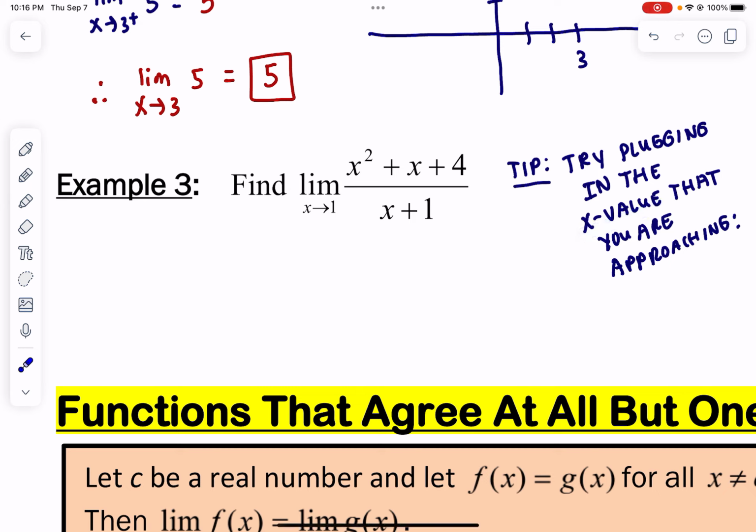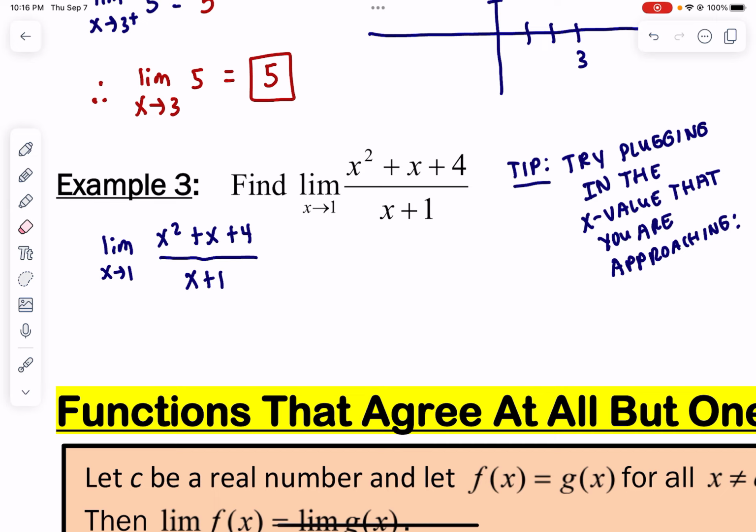let's just plug in the x value that we have here. So here, the x value that we're wanting to approach is 1. So why don't we just plug it in to each one? So that would look like this. I'm just going to rewrite the limit as x approaches 1 of x squared plus x plus 4 over x plus 1.